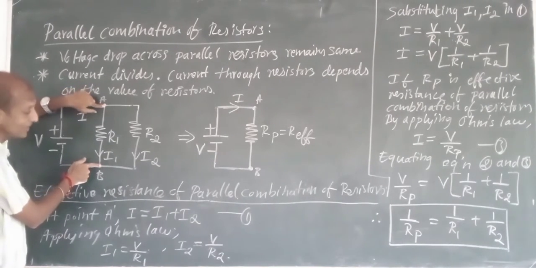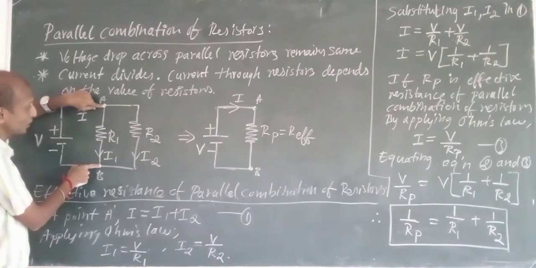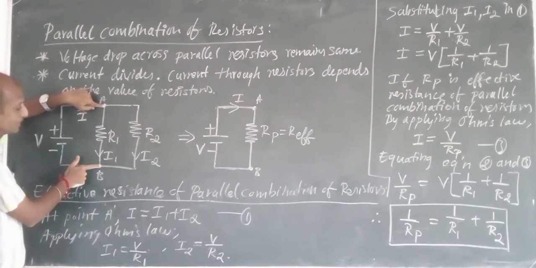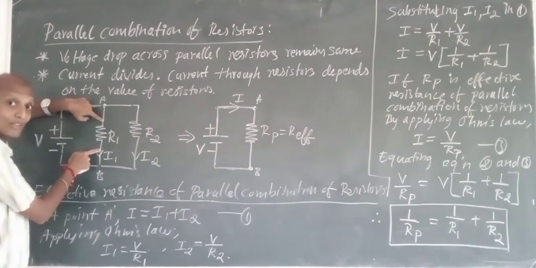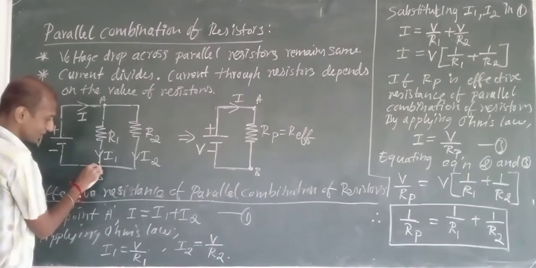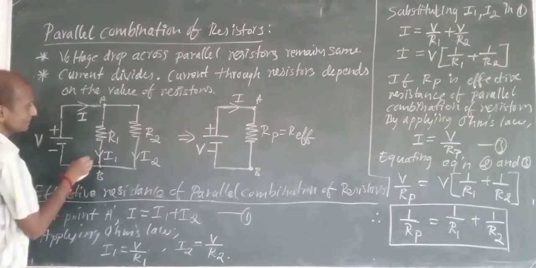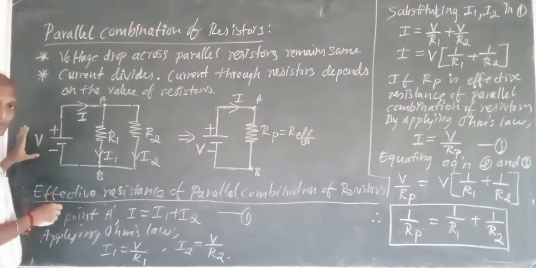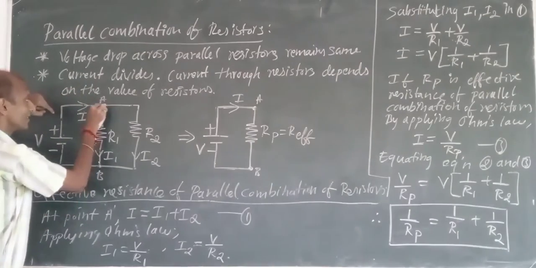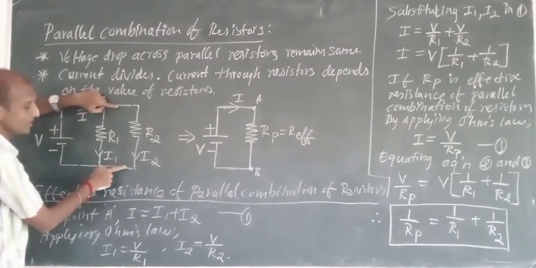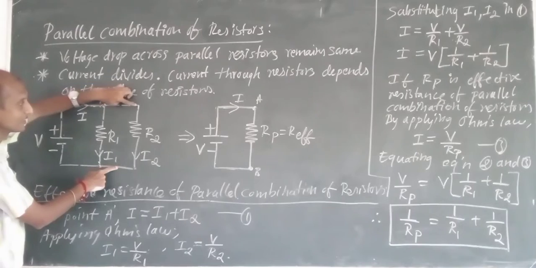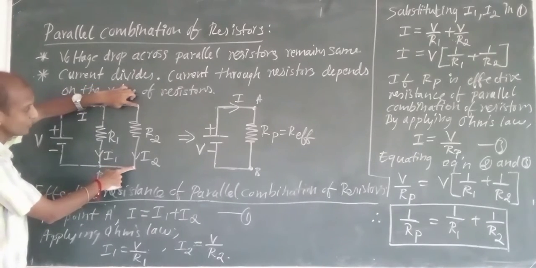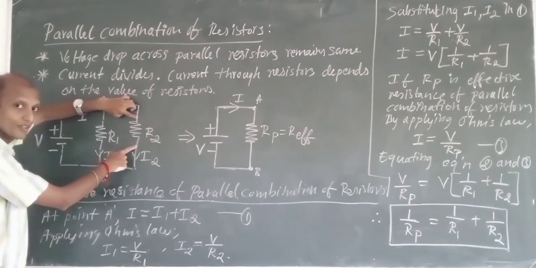So across R1 we have the voltage drop of V volts. Continuing here and here, again V volts of voltage.